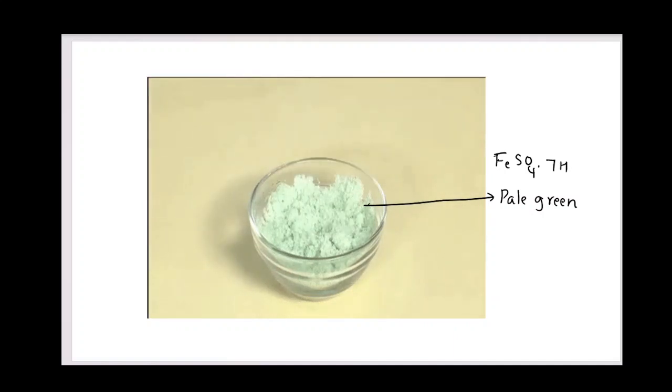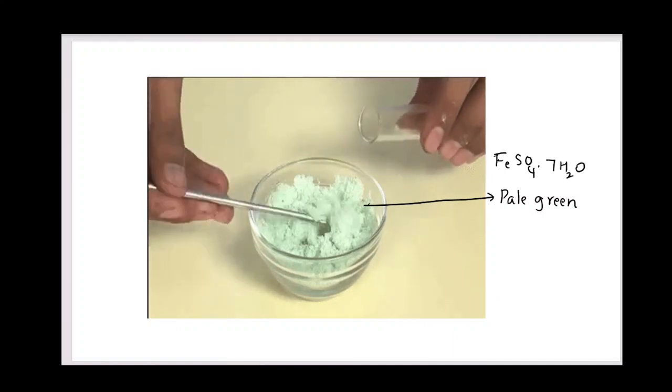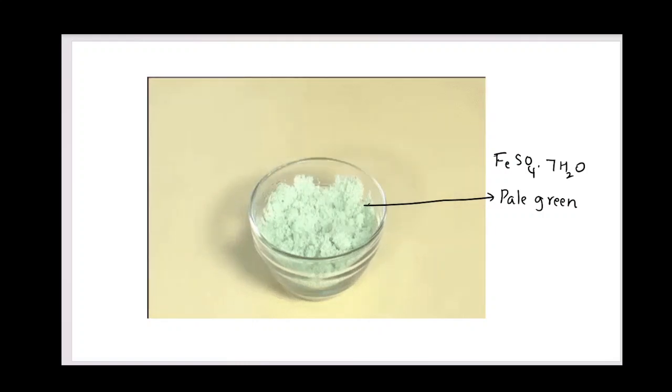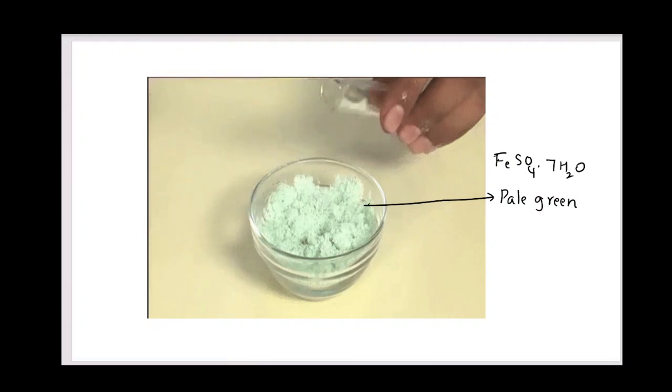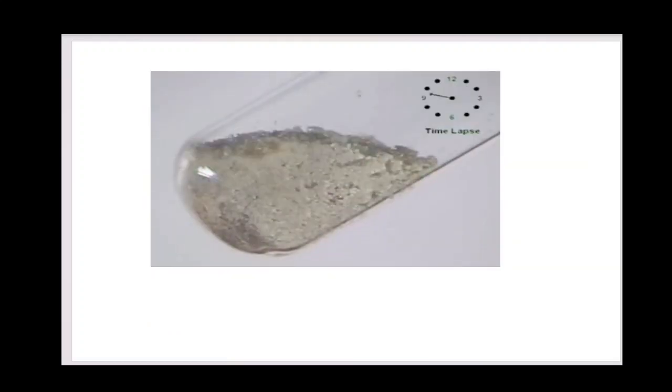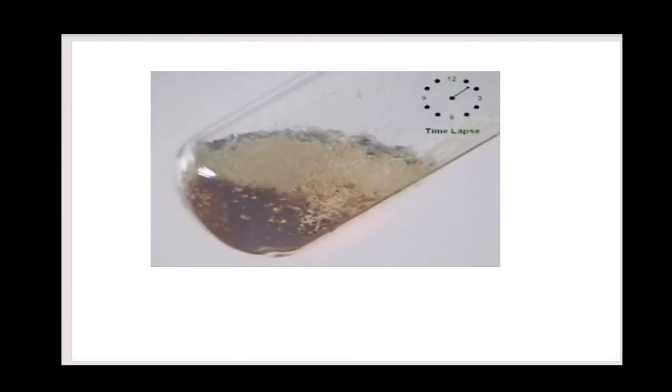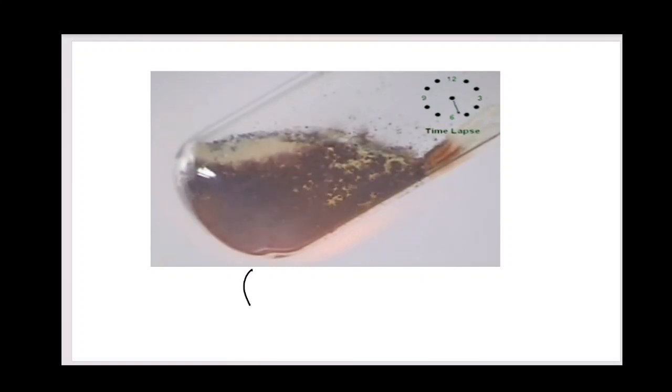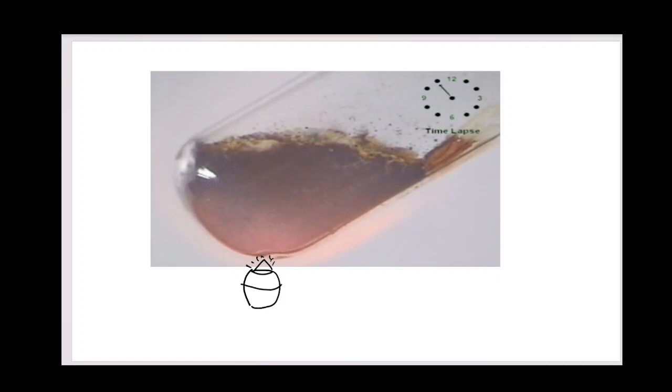It is FeSO4 with 7H2O. So this is ferrous sulfate. They are added to the test tube, and they are heating it using a burner.